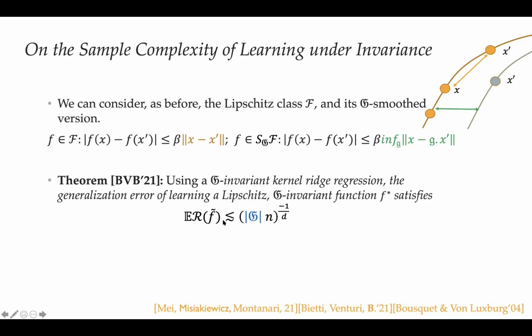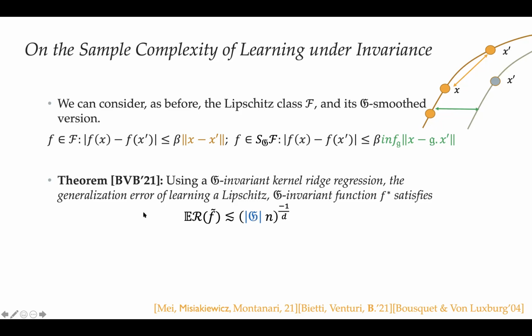Let me unpack this notation, which is also something that we discussed in lecture number 2. The generalization error is going to be upper bounded by the number of samples, but now instead of the number of samples to the power minus 1 over d, as in the standard case of Lipschitz functions, it's the number of samples times the size of the group.